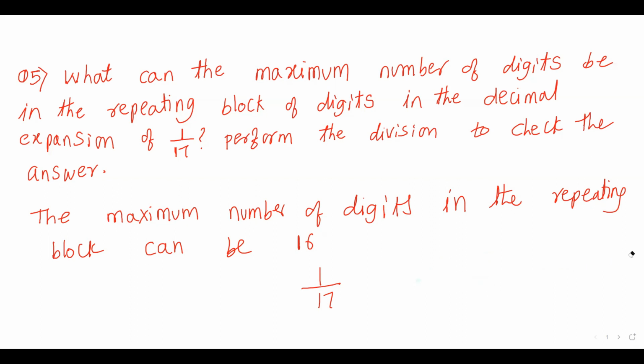Let us find whether it is correct or not through division. First of all, let us divide 1 by 17. Put a point. You can put 0, and one more 0 will come. 17 5s are 85.